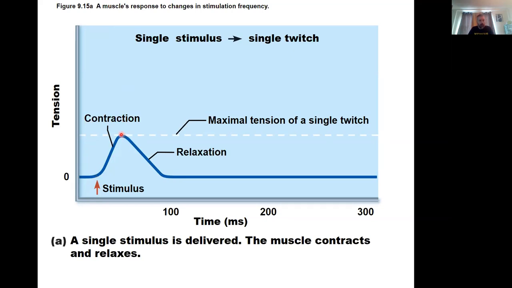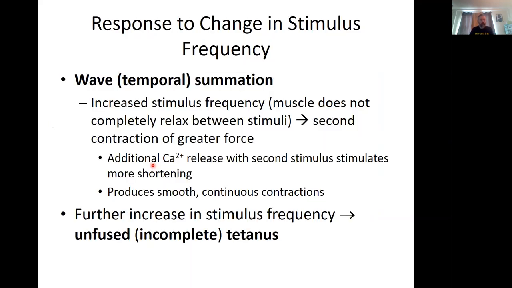We're going to contract, and then in this period of relaxation, when we're losing tension but we're not at zero, we're going to have another twitch. We're going to have another stimulus, and we're going to add this amount of force to whatever force is left in the muscle. This is called wave summation. Sometimes we call it temporal summation because it has to do with the time.